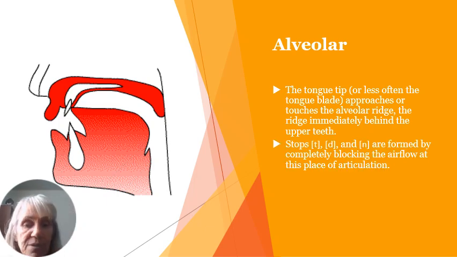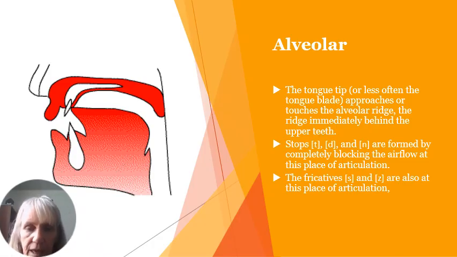Some of our stops like t and d are formed by completely blocking the airflow at this place of articulation. So we have no airflow in the mouth when this happens. The fricatives, however, s and z, are also at this place of articulation.